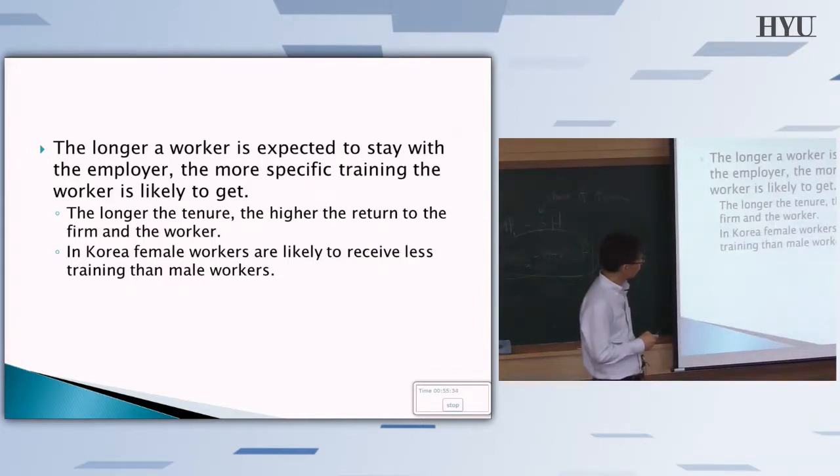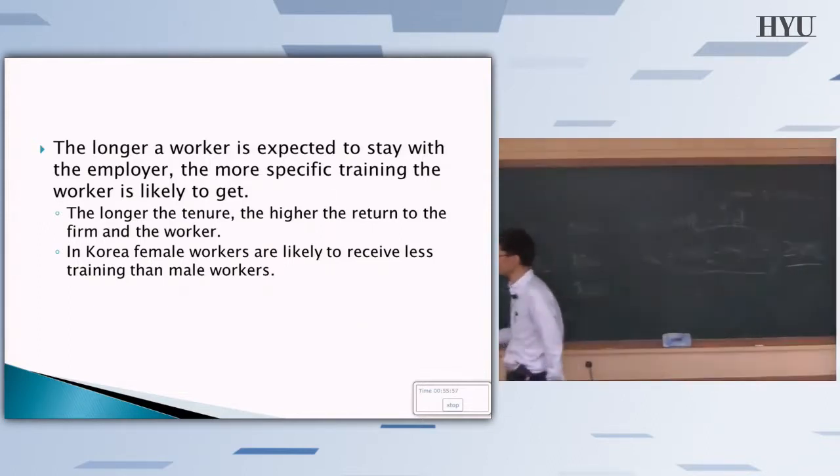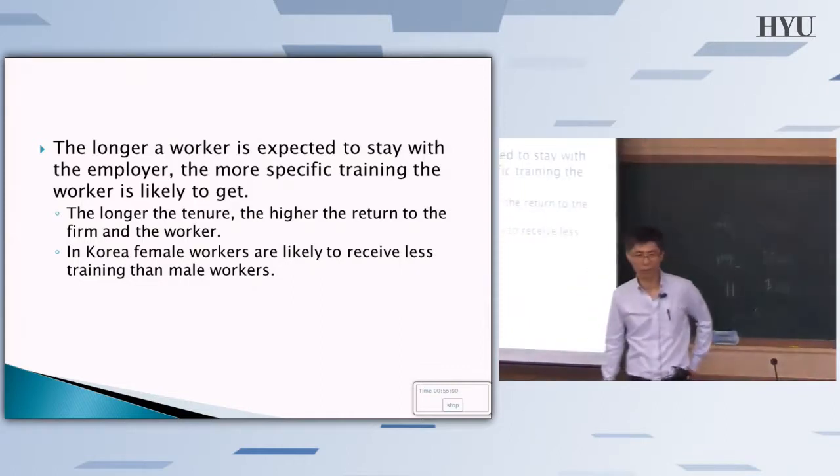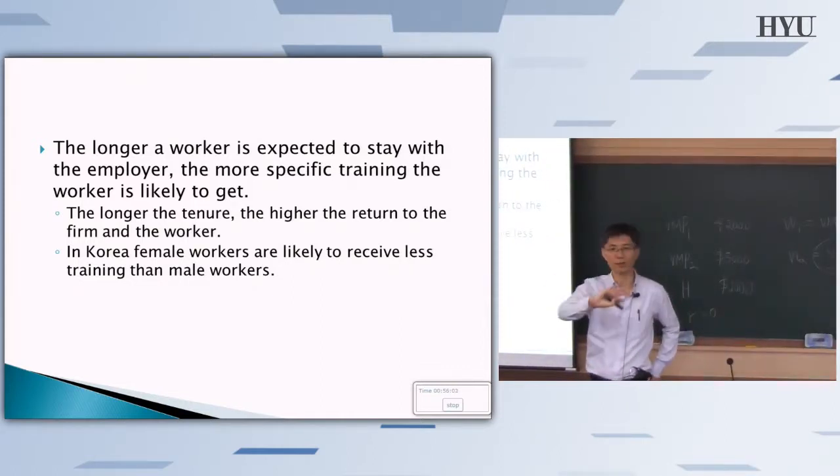So, how do you find out who's more likely to stay with you or not? It's very difficult to find out, actually. But what's known in the labor market, especially in the Korean labor market, is that female workers have much shorter job tenure than male workers. So from the employer's point of view, if everything else is equal, statistically a female worker is likely to quit sooner than a male worker.